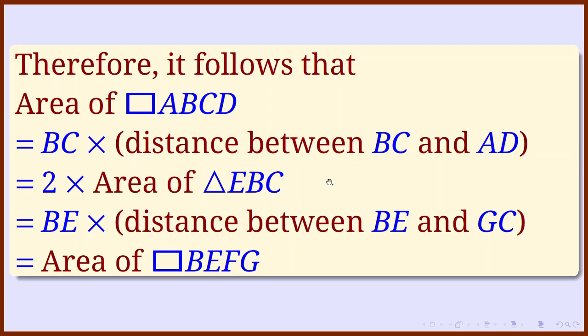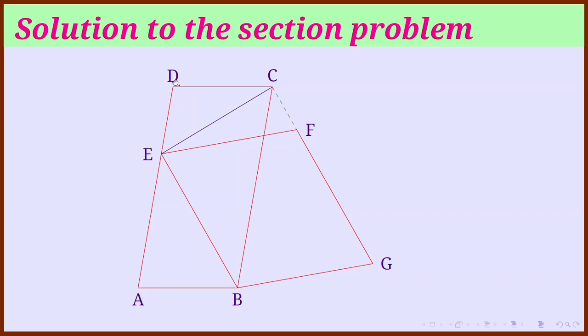But this distance is also equal to the altitude of the triangle BEC. If you consider BC as base, then the distance between these two lines is the same as the altitude of this triangle. Therefore, the area of this parallelogram is equal to twice the area of the triangle.